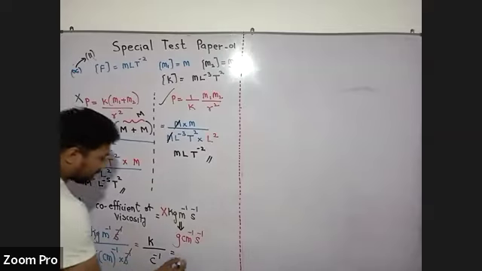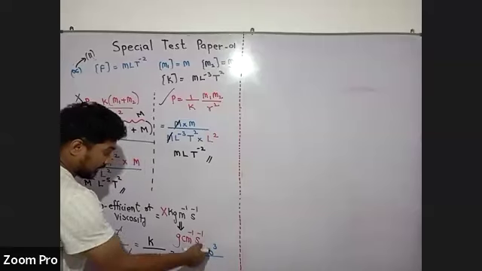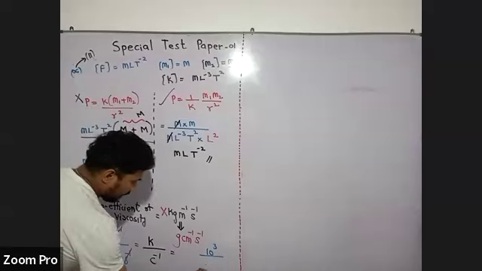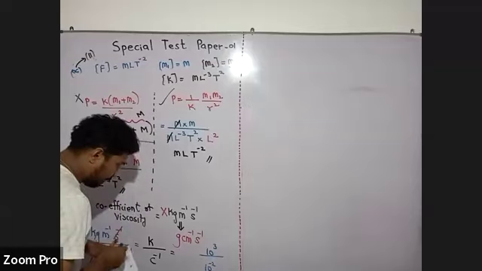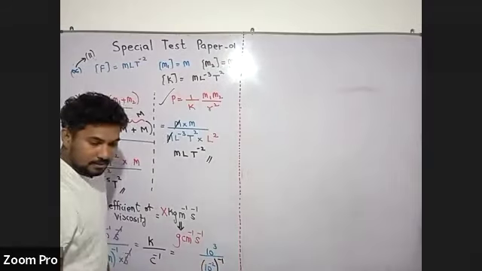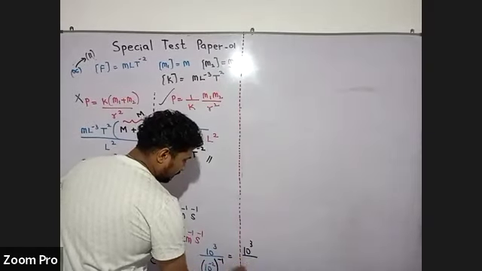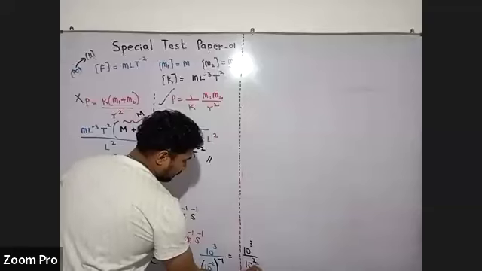Then k represents 10 to the power minus 3, sorry, 10 to the power 3, centimeter 10 to the power minus 2, even though we have to consider the minus 1. Right? So that means 10 to the power 3, and in the denominator it's having 10 to the power 2.